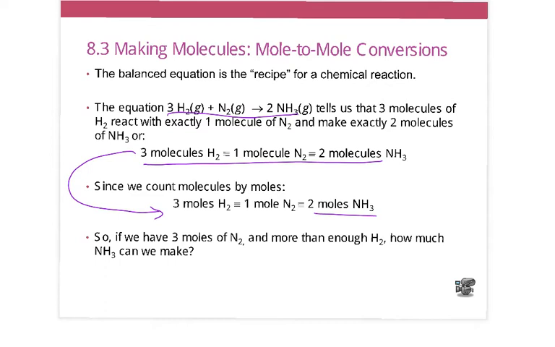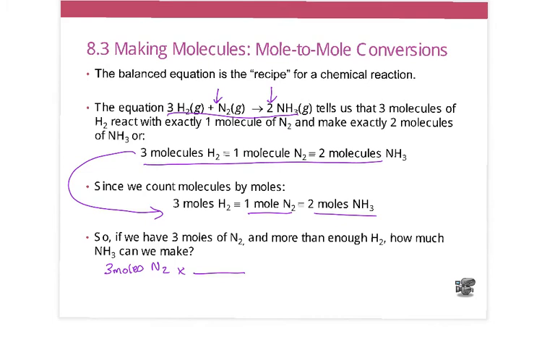So if we have 3 moles of nitrogen gas and more than enough hydrogen gas, how much NH3 can we make? Okay, let's use dimensional analysis and start with what we're given. There's 3 moles of nitrogen gas, and now we want to use the conversion factor that we got from our balanced chemical equation. We know that for every 1 mole of nitrogen gas, because there's no coefficient here, remember we're looking at coefficients, not subscripts, we have 2 moles of ammonia.